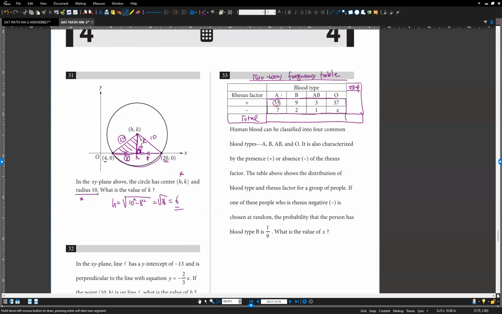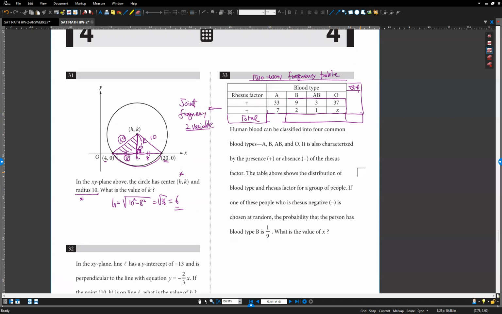This number means A and plus, two variables. So that's why the inside numbers are called joint frequency. Joint frequency is the intersection of two variables, right? A total is only one variable, A. We don't care about plus or minus. Now memorize this as joint frequency, the intersection of two variables.